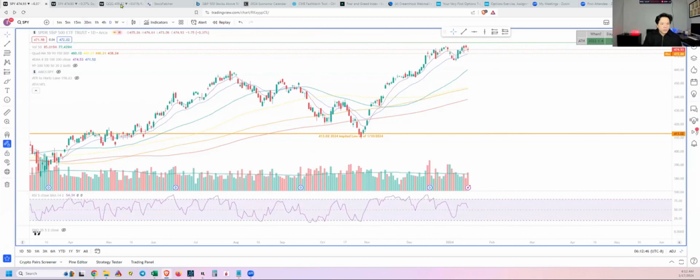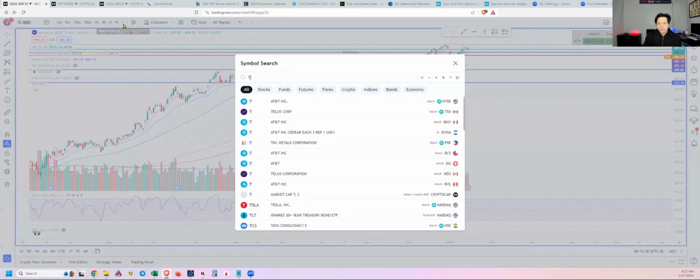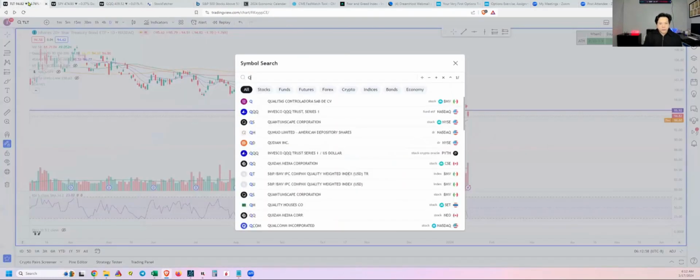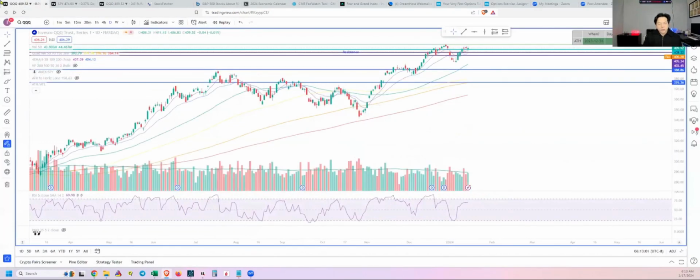So QQQ, we're going to keep a careful eye on that and the TLT. If we break down below these levels, that MA150 and that MA50, then we're going to start hedging and we're going to start buying puts on the QQQ because then we have that potential to move downwards. Another way to do it would be options on the VIX.